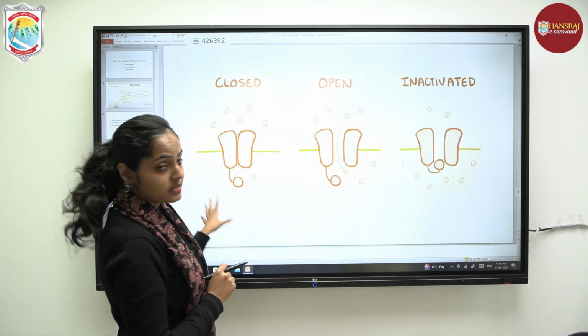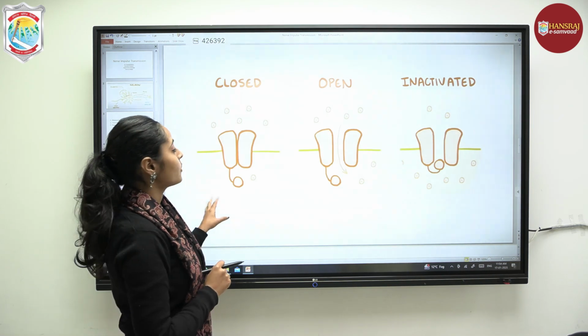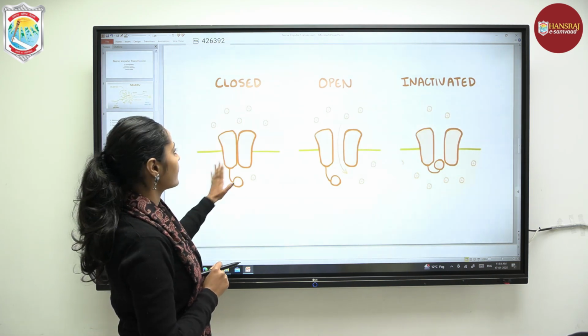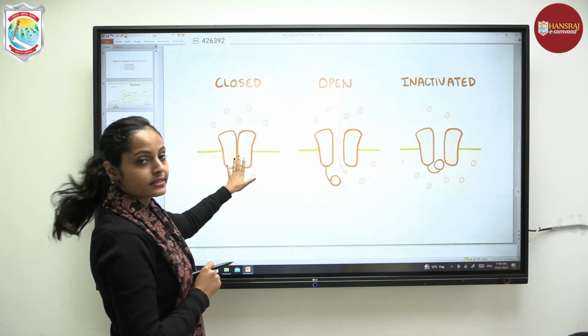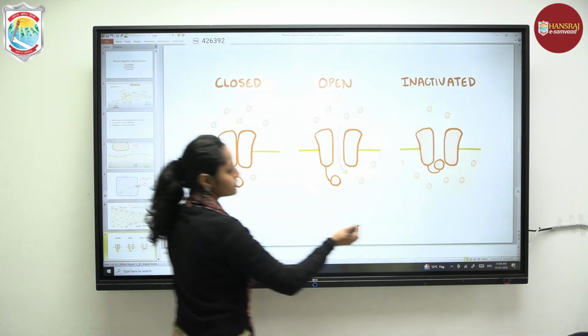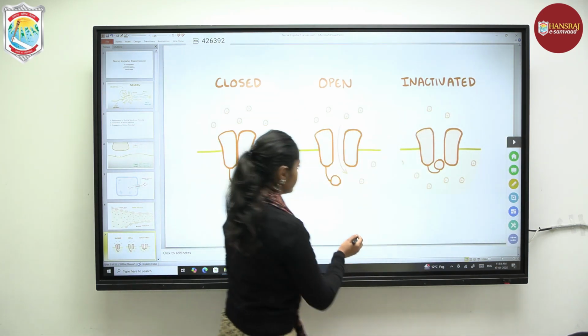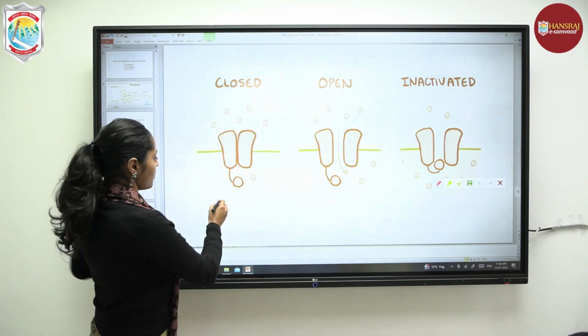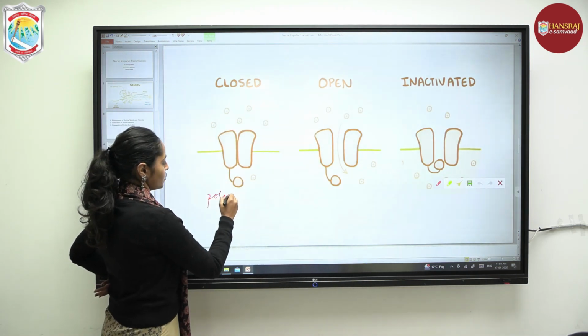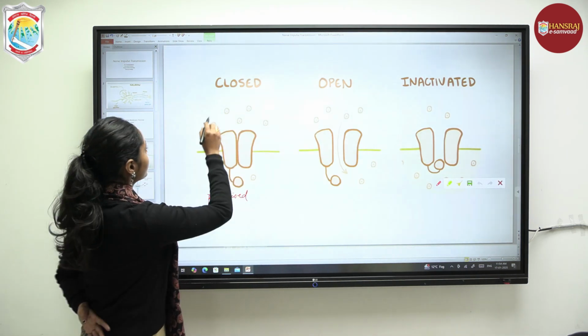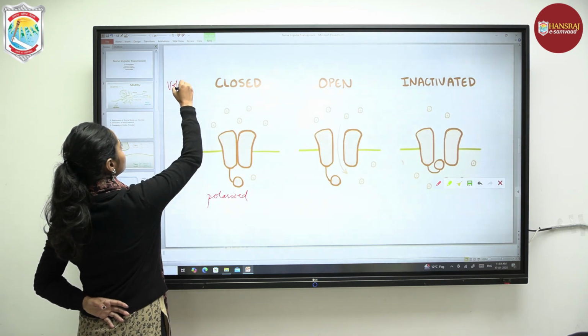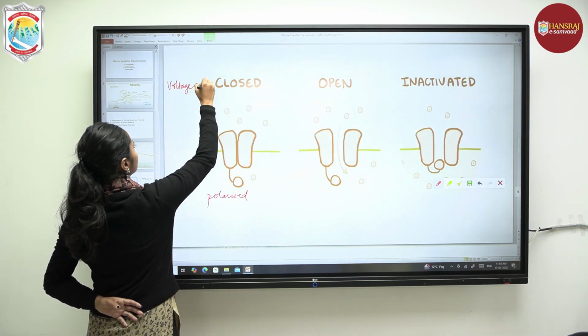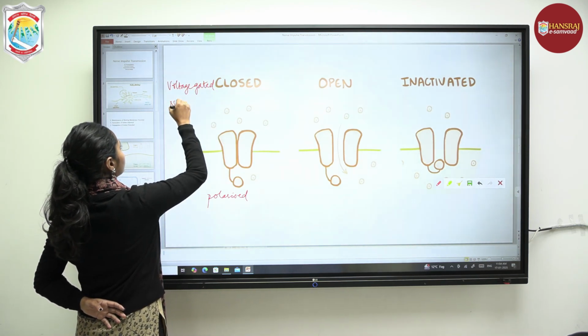Interestingly, especially the voltage gated sodium channels, they have three states. One is closed. When are they closed? When the membrane is polarized. So when the membrane is polarized, the channels are closed, and here we are talking about voltage gated sodium channels.